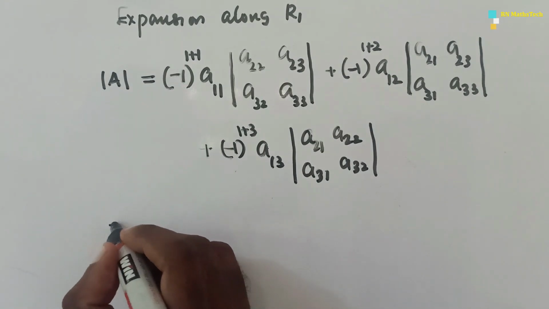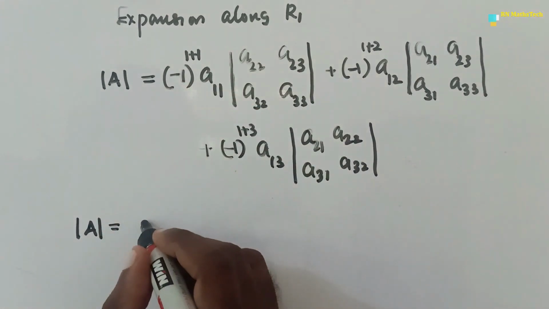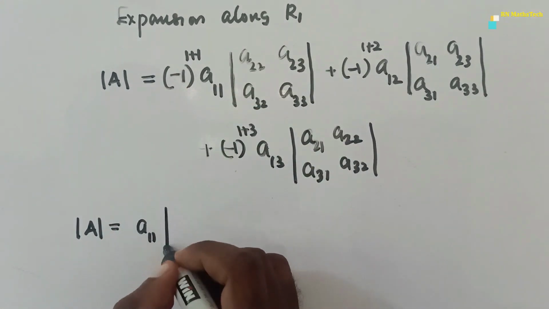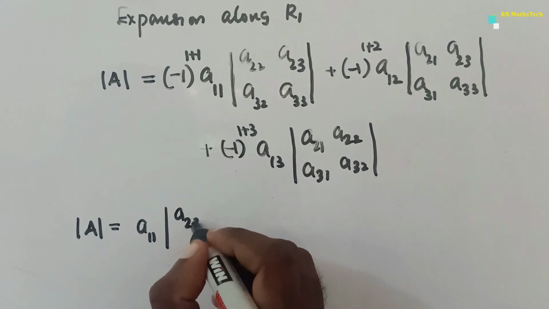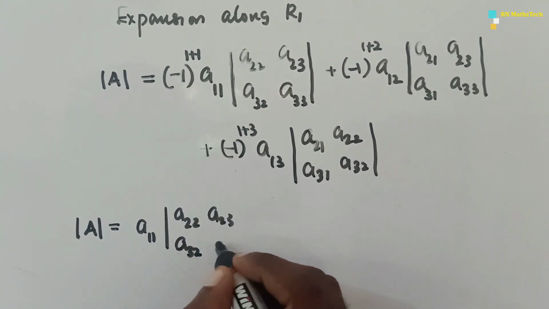So the determinant of A is equal to, the first one, which is positive, A11 into determinant A22, A23, A32, A33.